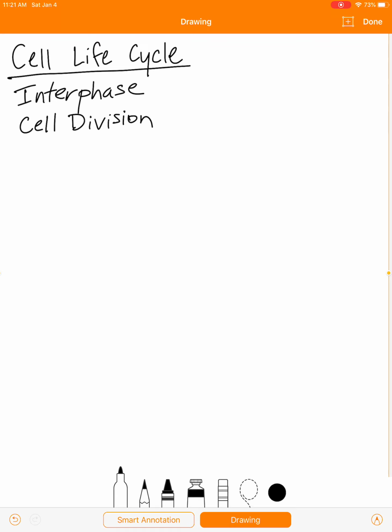Now, when a cell gets ready to divide or make a copy of itself, it will enter the next phase of its life, which is cell division. And cell division really has two separate stages to it. Those are mitosis and cytokinesis.